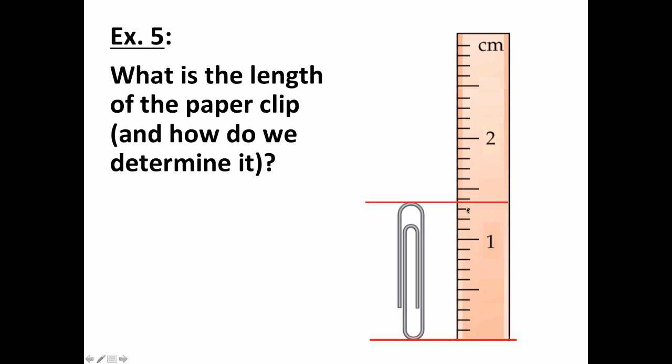And then in this case, you can estimate what fraction or percent of the way the end of this paperclip is between the 1.3 and the 1.4 mark. And I would say it's maybe 7/10 of the way, or about 1.37 centimeters. Now, of course, you might get 1.36, somebody else might get 1.38.